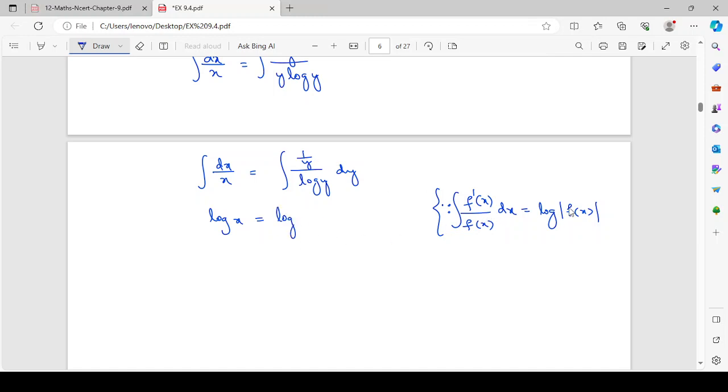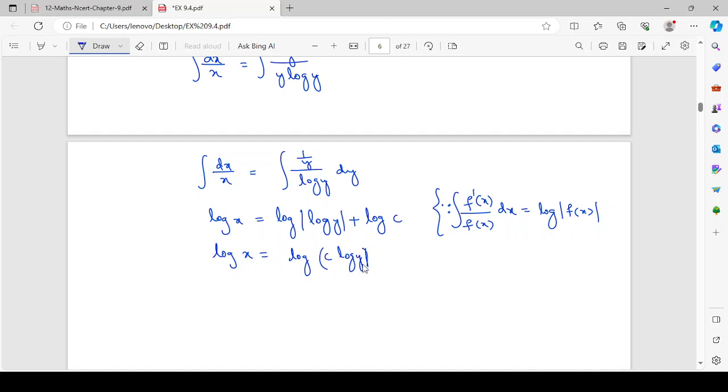So it is in this format only. Log of mod f of x, whatever is in the denominator, that should be log of mod log y plus constant. Since these two are in terms of logarithms, the constant can also be expressed in terms of logarithms. So log x is equal to, log m plus log n is log mn, log c into log y I can write.